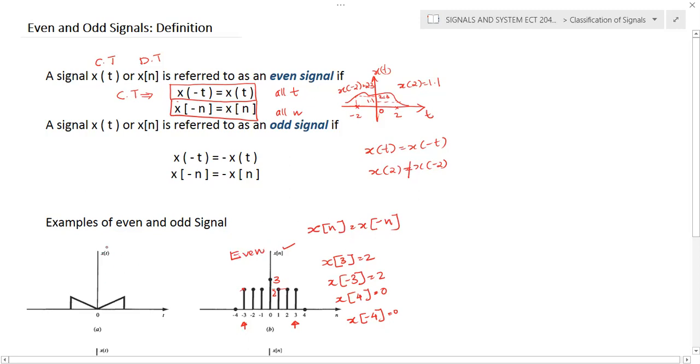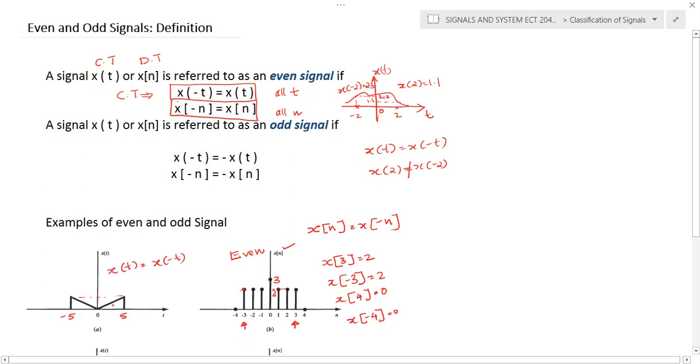Similarly, consider x of t, a continuous time signal, and apply the same concept. Assume the time points are 5 and minus 5. If you observe this particular waveform, you can see that the signal amplitude at x of t is equal to x of minus t.